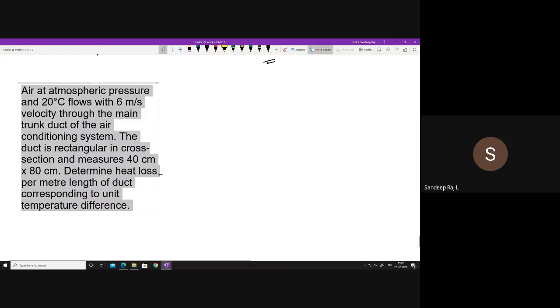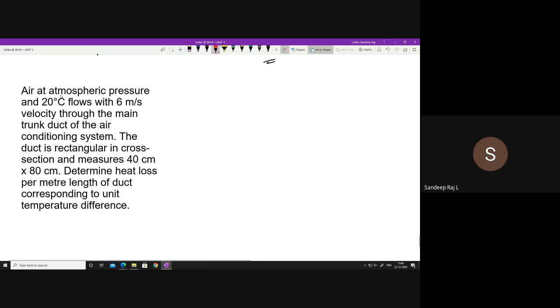Sometimes you may get a question wherein the tube where the air is flowing need not be a circular one. It can be an internal flow case of a non-circular type also. It need not be circular every time, especially the ducts that you have in air conditioning systems. Sometimes they are made rectangular. So that kind of question you have here.